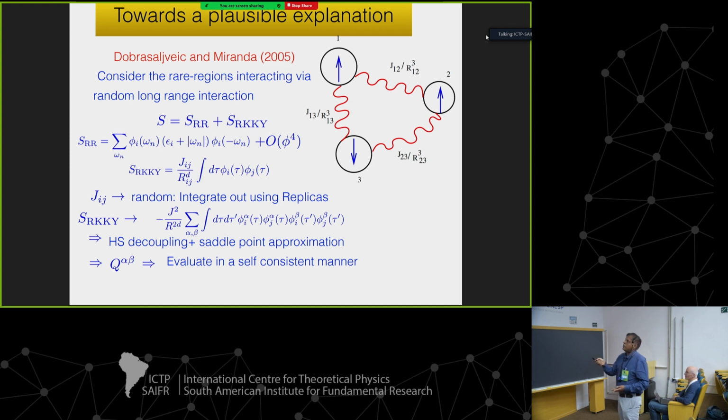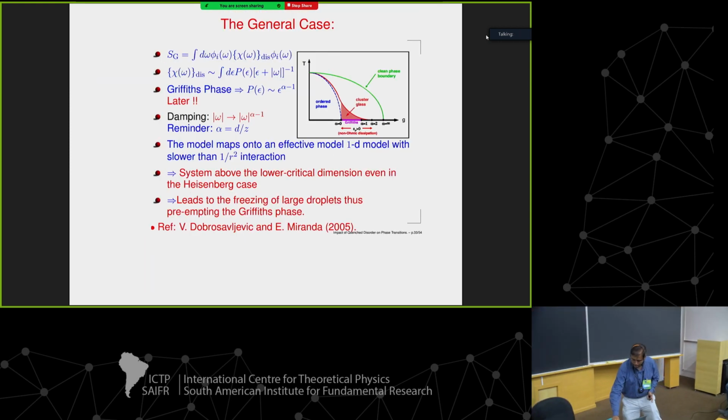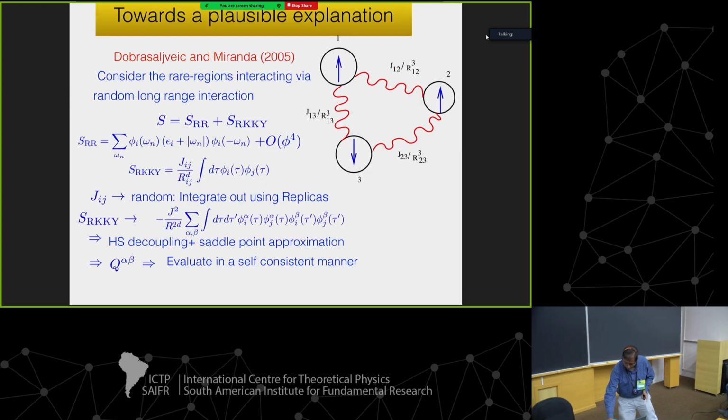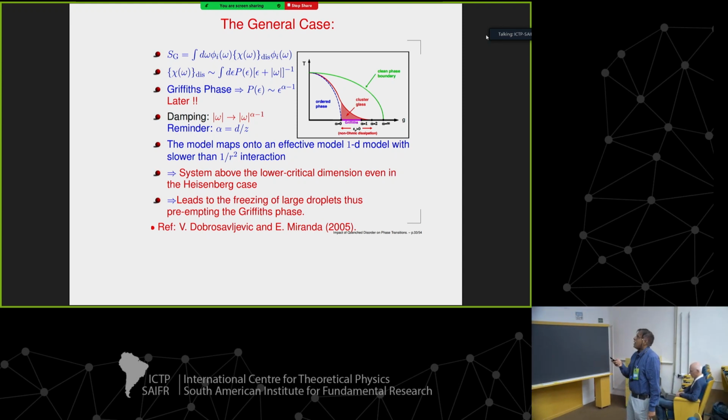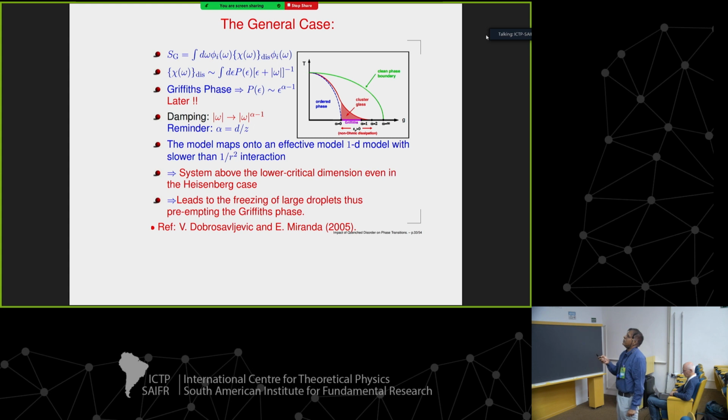Once you do that, you evaluated effectively this object by means of a saddle point evaluation. Out of this evaluation, this is where the disorder comes into play in terms of some sort of a local susceptibility.